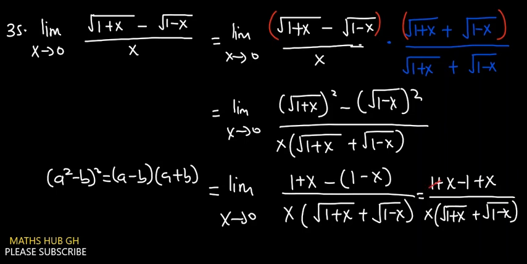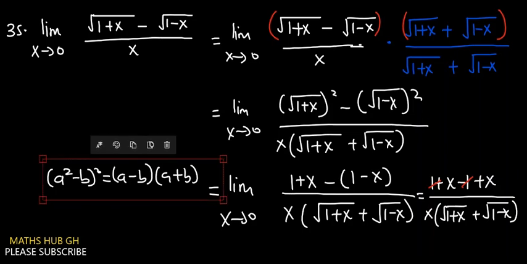For the numerator, this and this will cancel out, and then you're just going to have 2x there. Let me clean this space.